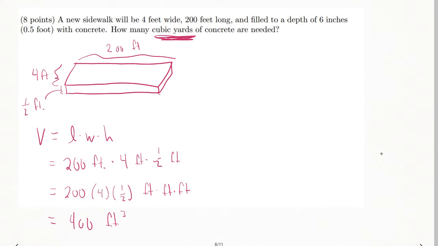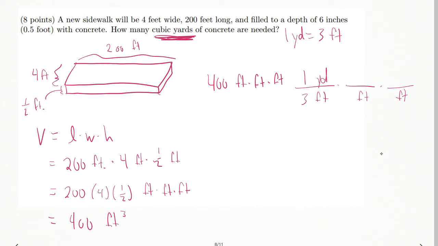So cubic yards, notice we have 400, and I'll write it back as feet times feet times feet. That means in this case, we're going to want the feet down below. Well, if that's the case, we want yards up above, and we can recognize that 1 yard equals 3 feet once again.